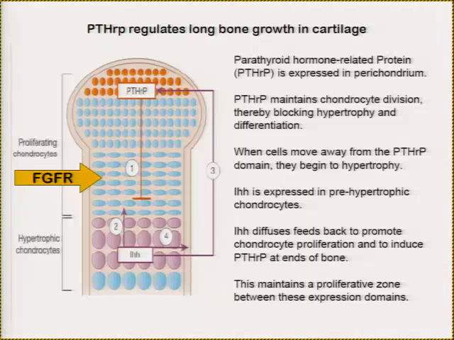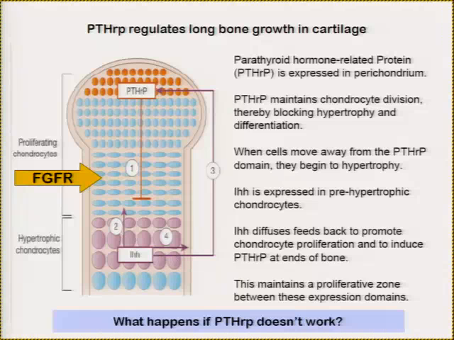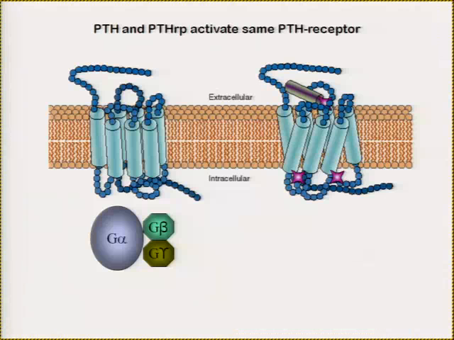So if PTHrP doesn't work in the elongating cartilage anlage, then bone growth is going to be abnormal. So there are forms of abnormal bone growth where the PTH receptor is abnormal, but the more common form that we see in endocrine clinics is when PTH doesn't have an adequate function after it binds to its receptor.